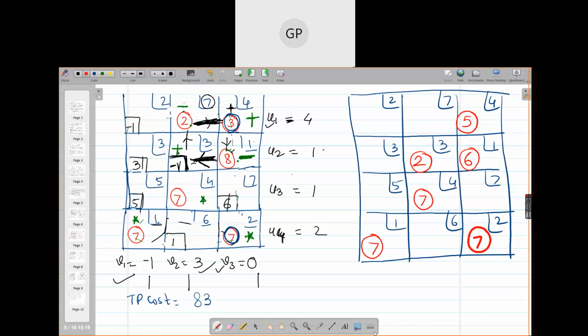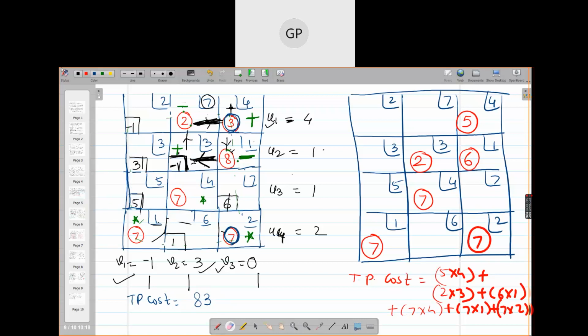Okay. So let us calculate the TP cost once again with these new allocations. 5 into 4 plus 2 into 3 plus 6 into 1 plus 7 into 4 plus 7 into 1 plus 7 into 2. So what is it? 81, ma'am. 81.